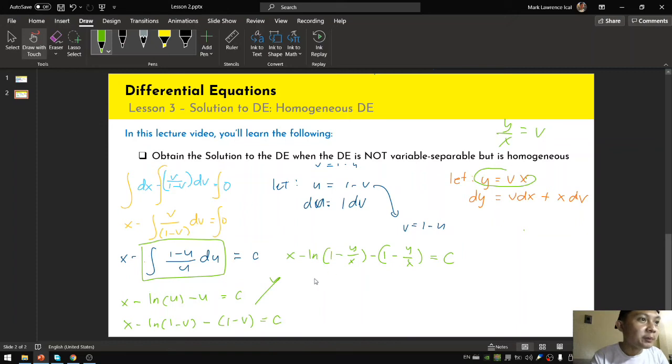Simplify. Simplify na natin, magulo eh. X minus ln 1 minus y over x, so minus 1 minus y over x also c. Damn, ang gulo. But this is the answer.